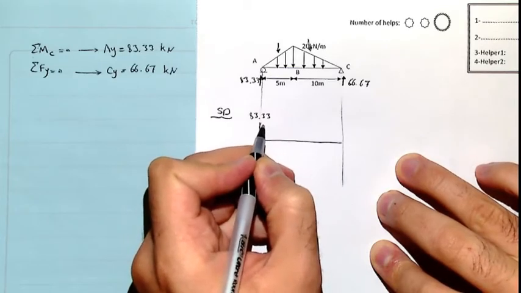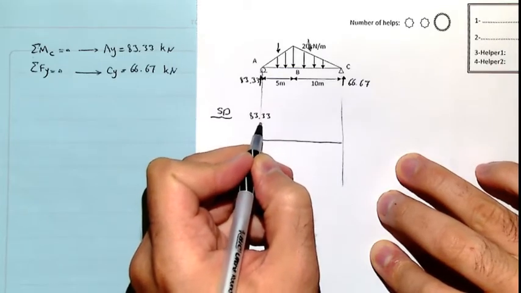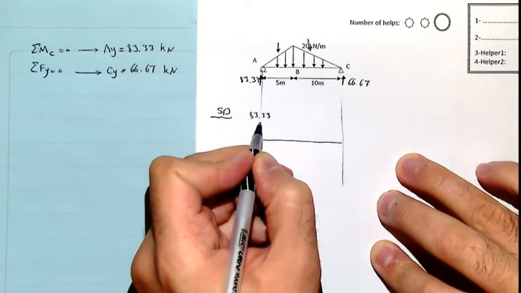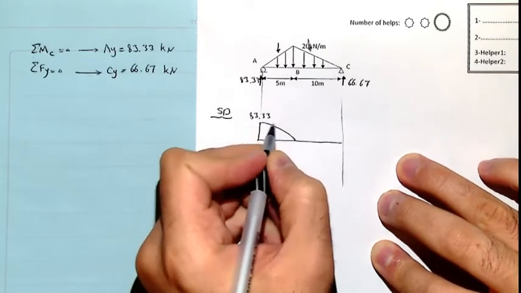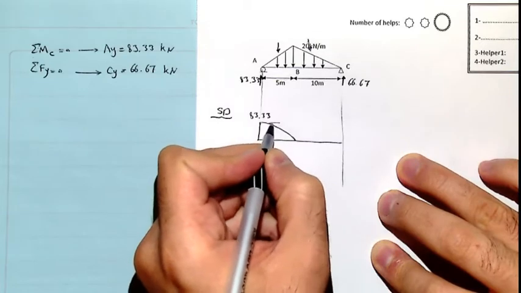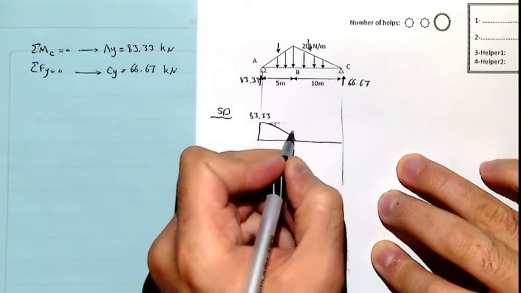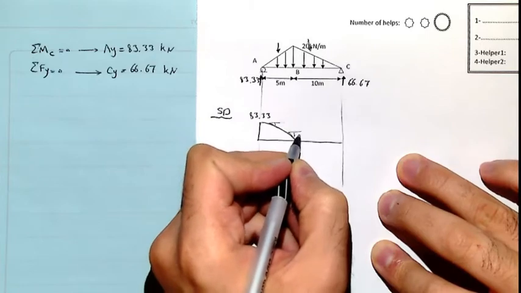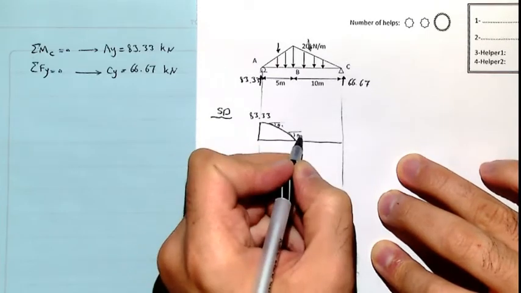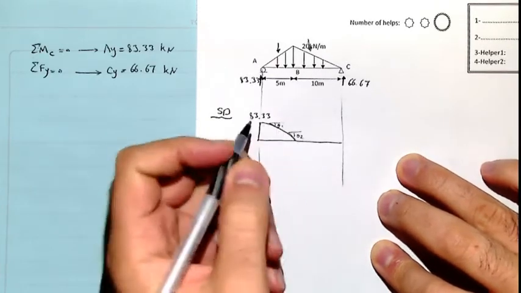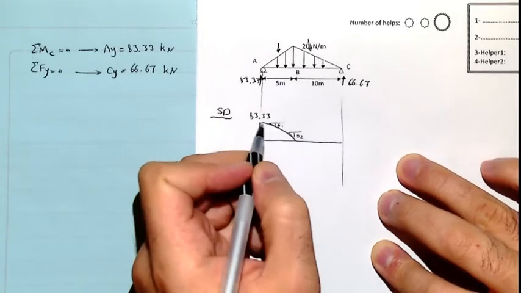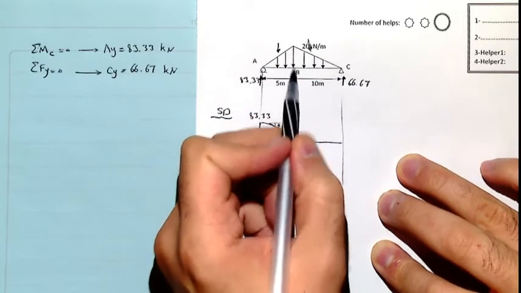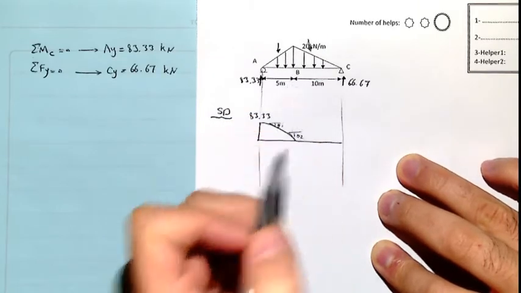The best way is to draw a tangent to see whether it is incremental or decremental. As you see, from the tangent to the horizontal line, the angle keeps increasing. If you compare theta 1 and theta 2, you're going to see it's increasing. So that's what comes from the triangular distributed load.